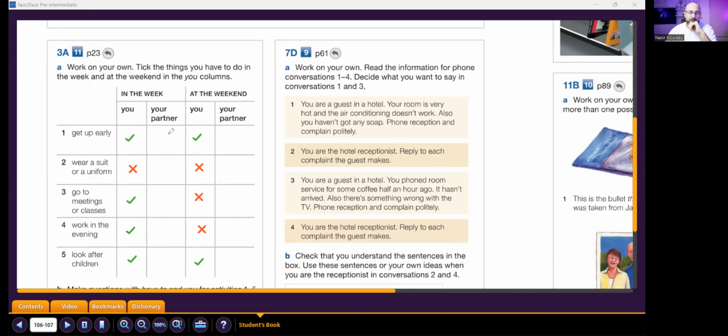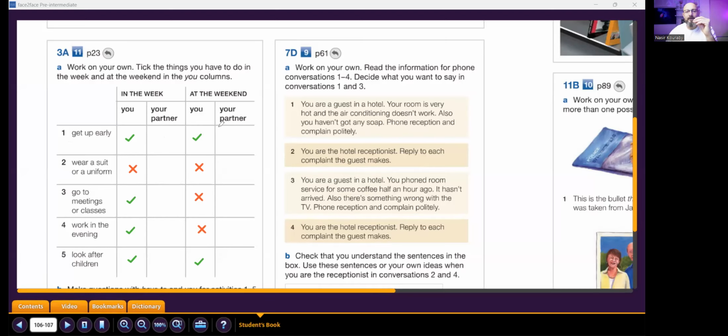After that, you ask questions. Imagine that you have a friend and you ask this friend a question. So you will write questions to ask. You say, get up early. How can I write it? You write a yes/no question. Do you have to wake up early in the week?